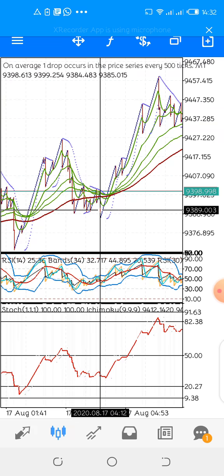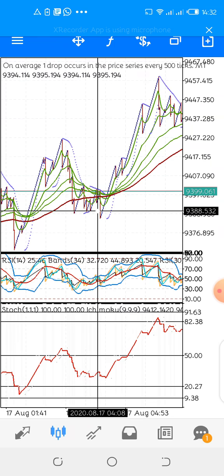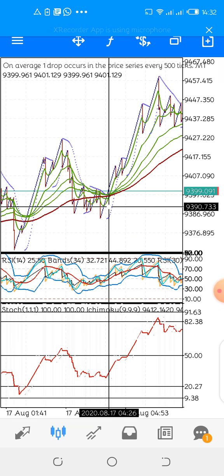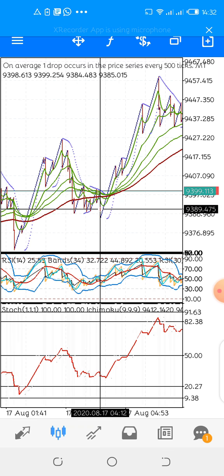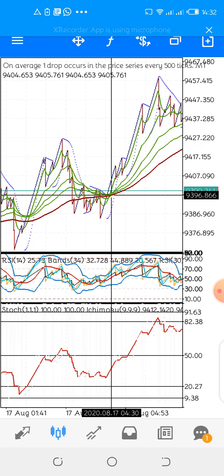And mark my word again, while we are consolidating around area 300 for long, this is very important. Mark this. We bring all the moving averages to one point there. They all meet in one point.